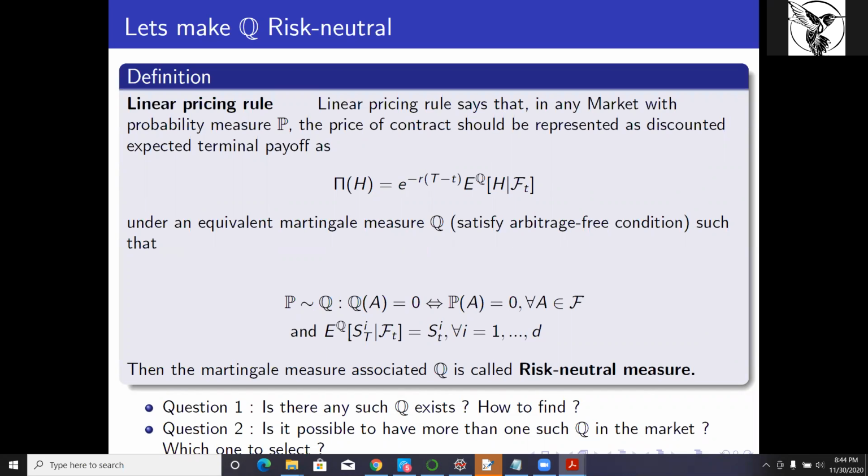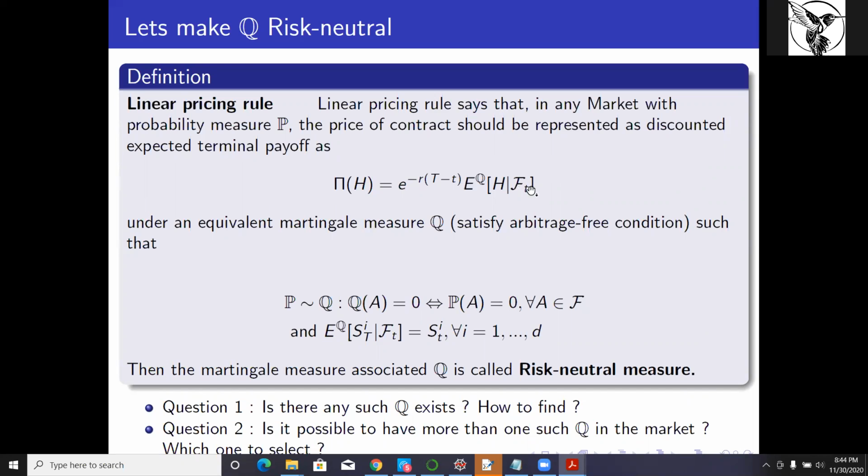What is risk neutral? We'll be discussing that. First, we'll discuss the linear pricing rule. The linear pricing rule says that the present value of the contract will be the discounting of the expected payoff in the future.